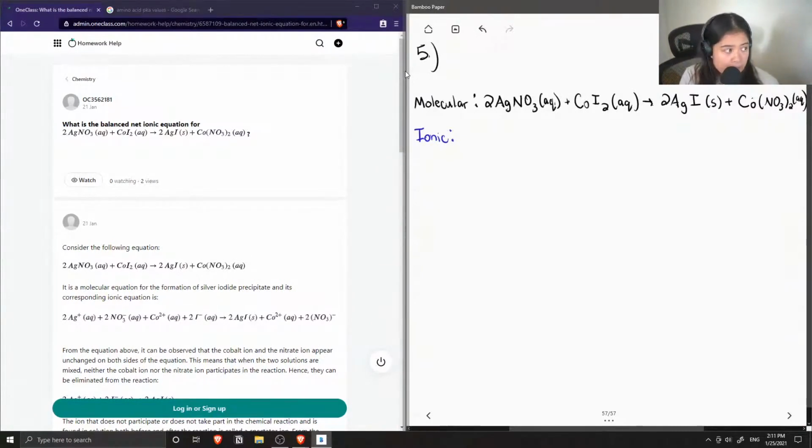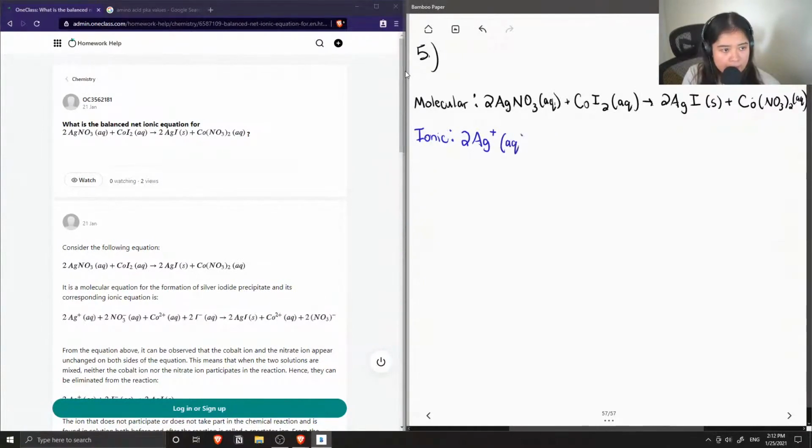So let's separate silver nitrate into its ions. You get 2 silver plus, plus 2 nitrate, which is NO3 minus. I'm also going to write in the phases just so that we're consistent.